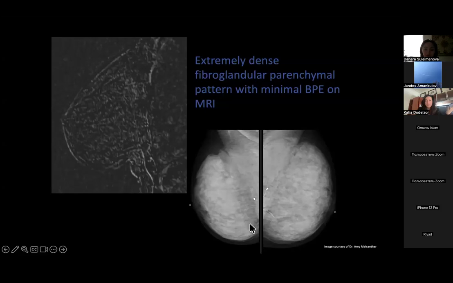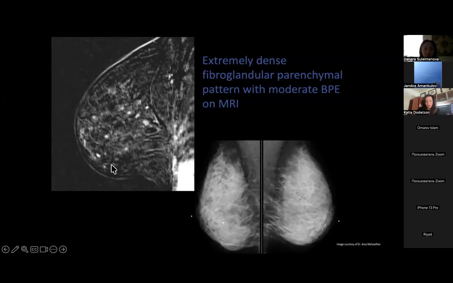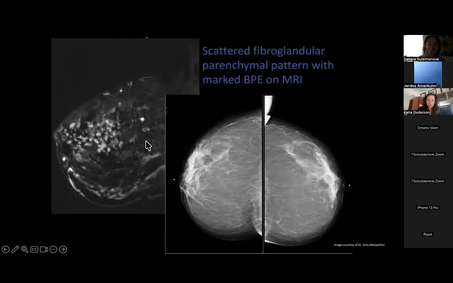This is a woman who is extremely dense and has minimal background parenchymal enhancement on her MR. Again, she is extremely dense mammographically, and only a small proportion of her tissue actually enhances. You can see multiple little focal areas of enhancement. So this is mild to moderate BPE in a woman with extreme fibroglandular tissue.